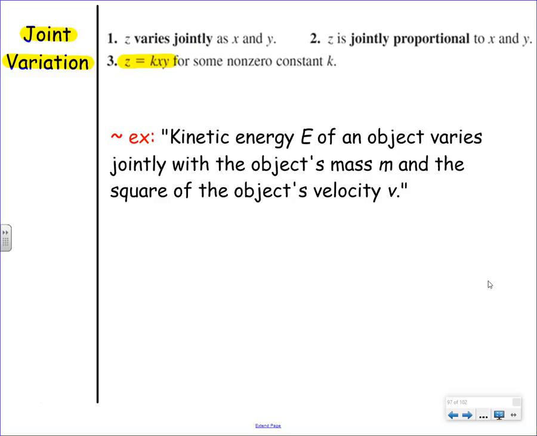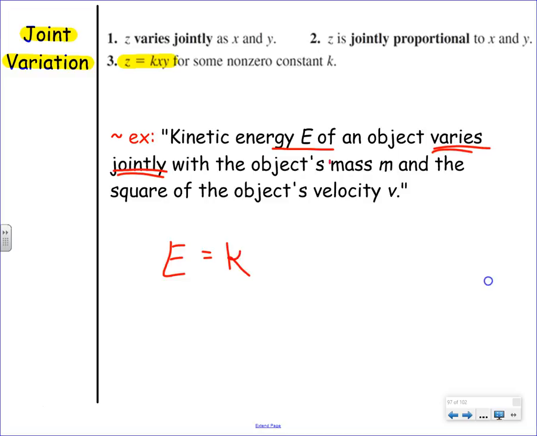Well, the popular formula, which I could just say one way, but I'll say the other way. Kinetic energy E of an object varies jointly with the object's mass and squared with the object's velocity v. What formula am I talking about? Yeah, kinetic energy, so E equals. We have our E, we have our varies jointly, so that's going to be with multiple things, but we know it's direct variation, right?